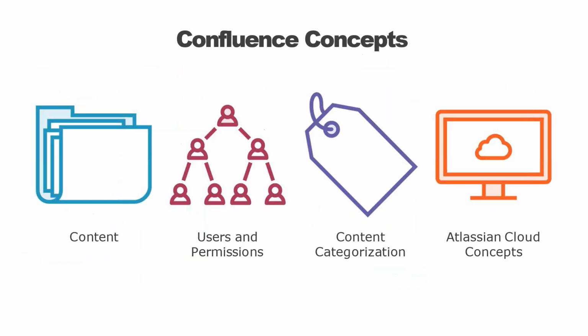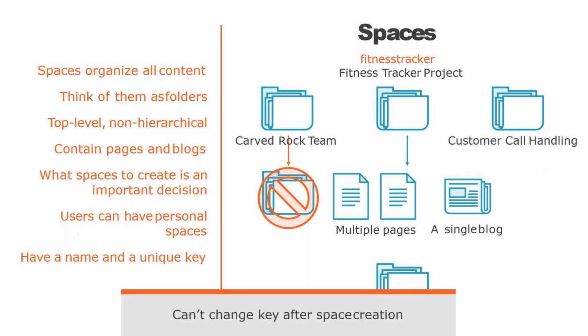So the question is, how do we manage the content in Confluence? We manage the content using spaces. What do we call a space? If you log into Confluence, you'll see project 1 space, project 2 space, project 3 space, project 4 space.